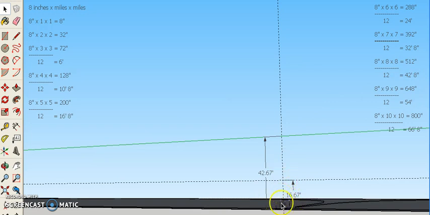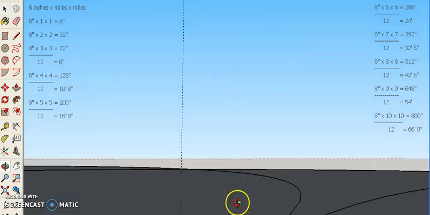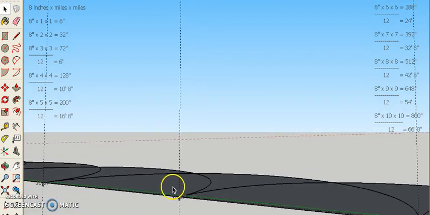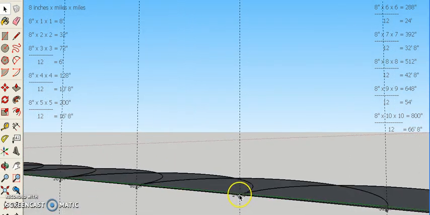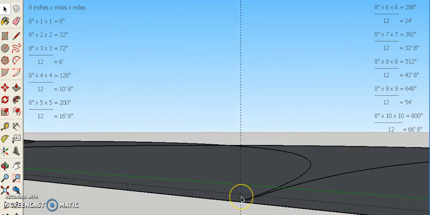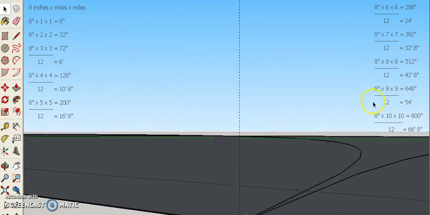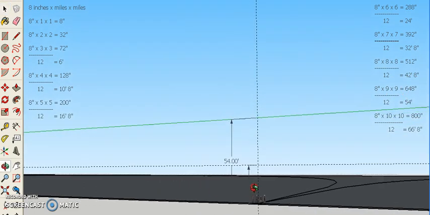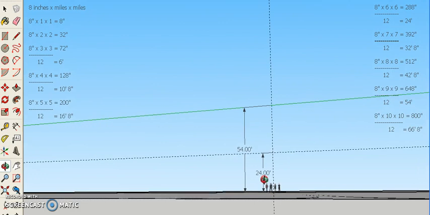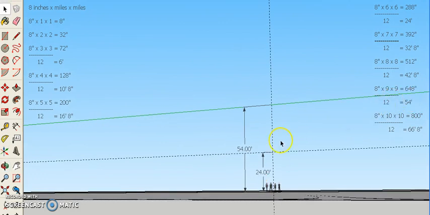We cannot see the bottom 16 foot, 8 inches. 9 miles. 9 times 9 is 81, times 8 is 648 inches. 54 feet.